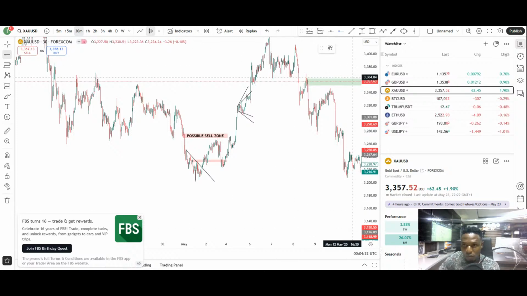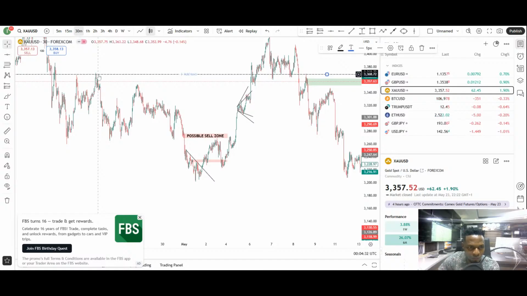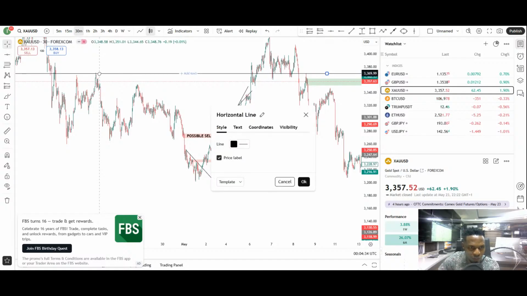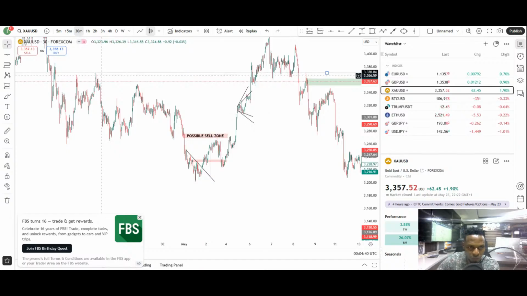Let me go to M15. The same thing is here. This horizontal line, once you pick it, ensure you are on the tip. That's the high of the candle. You are picking the high of the candle.